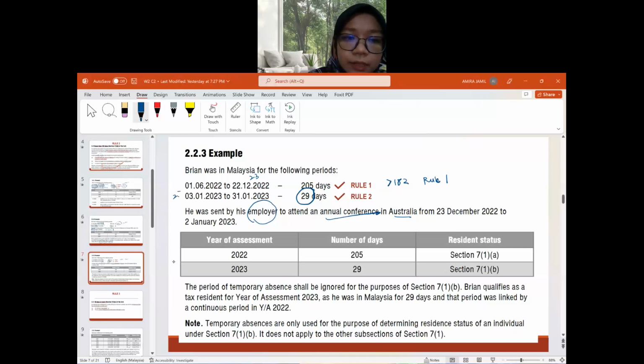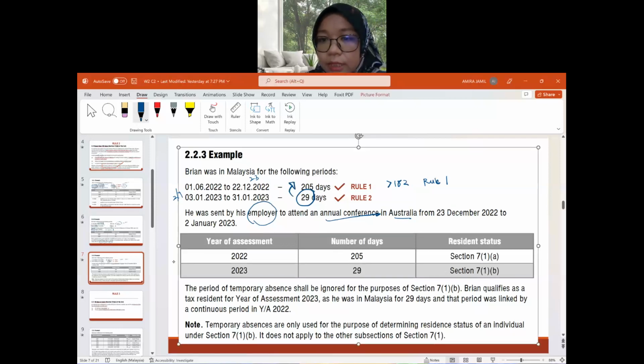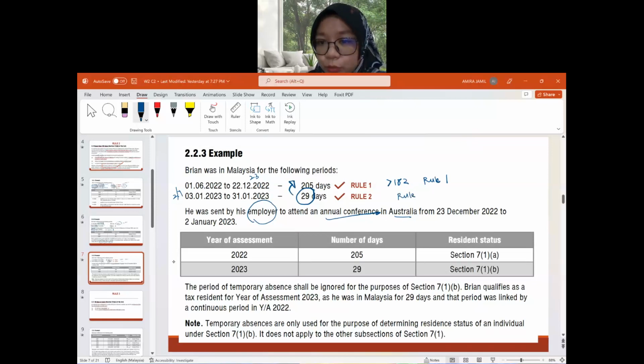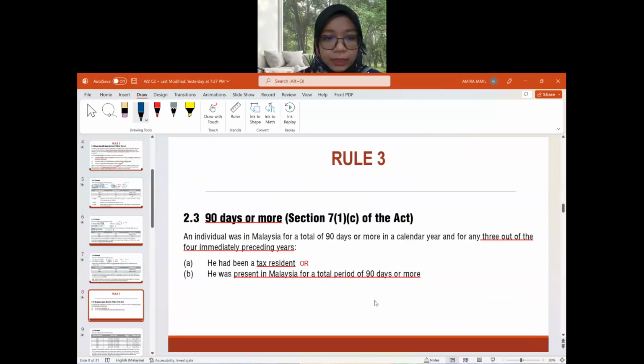So his absence here is because he went to an annual conference sent by his employer. So we consider it as immediately preceding. So these 29 days are immediately preceding these 205 days. So he can be considered as tax resident under rule number 2. So this temporary absence is accepted because he went overseas as he was sent by his employer.